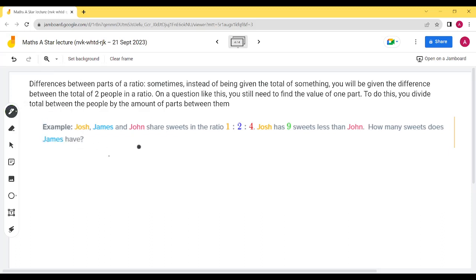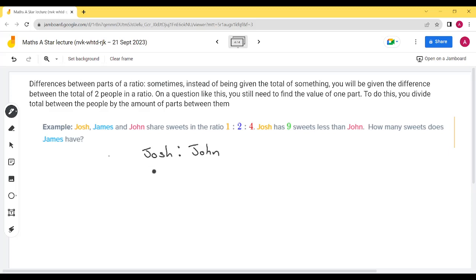So we've got a ratio here, which is Josh, James, and John. But we've been given information about Josh and John. So really we can just write out, if we want to, the ratio from Josh to John. And for now, we can just ignore James.